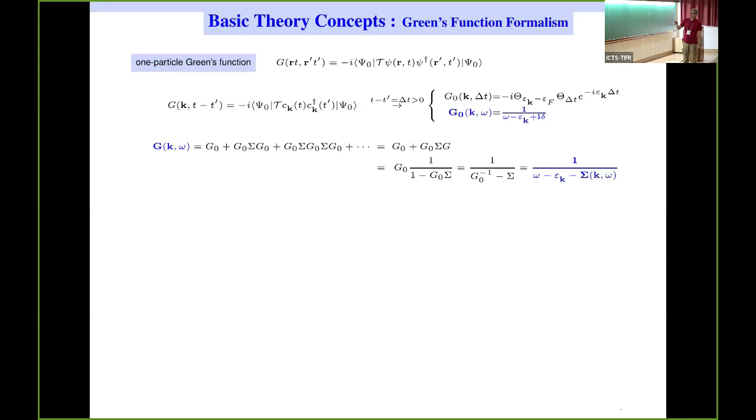And G0 minus 1 we have just computed as that object. So in total, the full interacting Green's function has a very similar structure to the original non-interacting Green's function, with just the caveat that now we have to take care of these scattering events condensed in this sigma function, which is the self-energy.